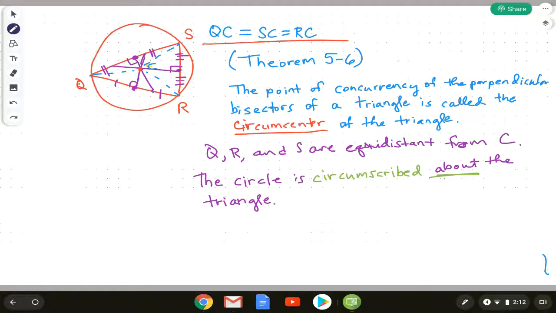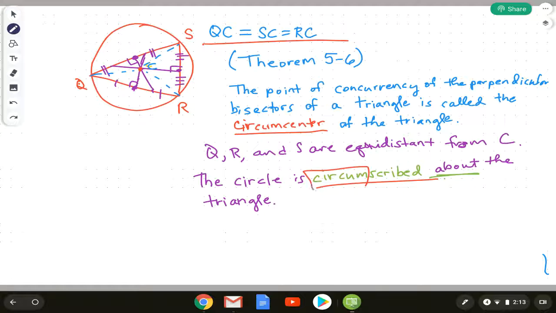But what I have here, this red point at C, is called a circumcenter. And what that means is if I were to use that as a center of a circle that I could draw around the triangle QRS so that it only touched the vertices, then that would be the center of the circle. This circle that's drawn around it is said to be circumscribed about the triangle. So think about what circum means.